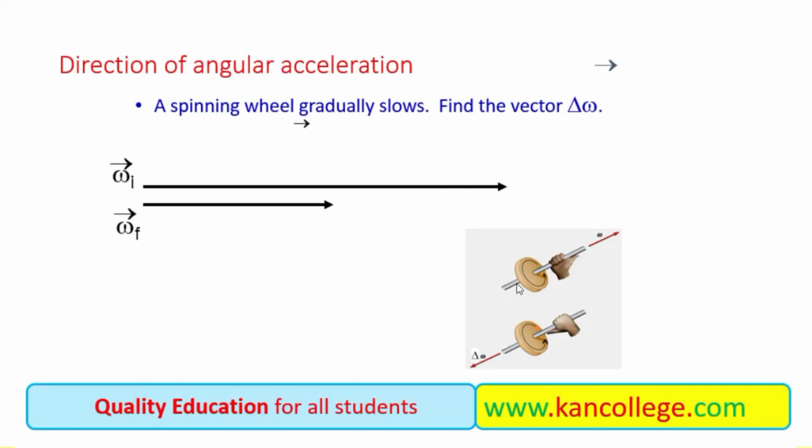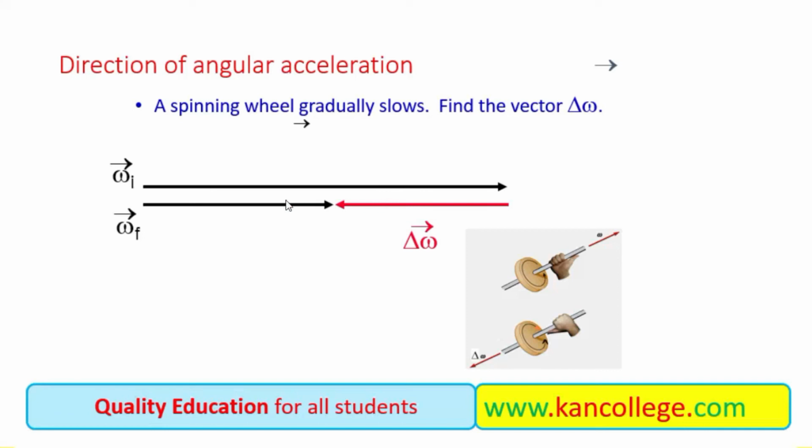For example, if this disc or spinning wheel has an angular velocity initially omega i, and then it slows down and its angular velocity becomes omega f, then the magnitude of the velocity vector is decreased by an amount equal to the magnitude of this red vector.